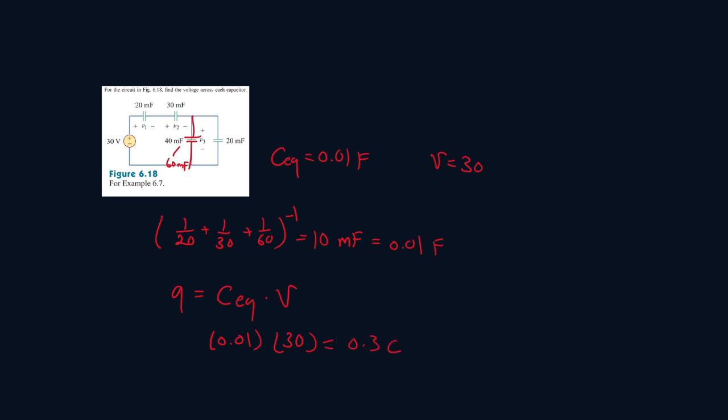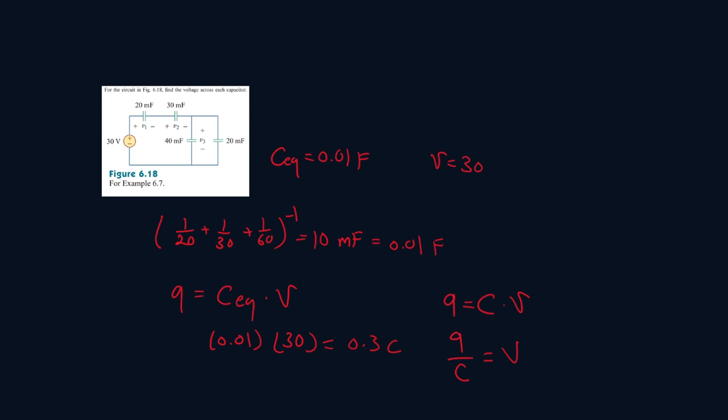Now that we know our charge, we can find the voltage at each of these capacitors. Since charge is equal to the capacitor times the voltage, that means the charge over the capacitor is equal to the voltage.